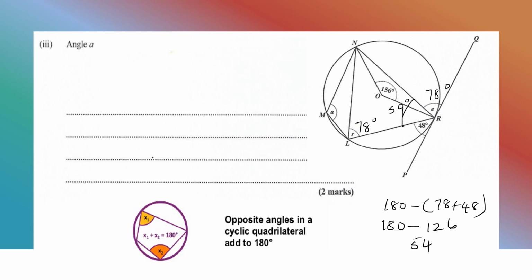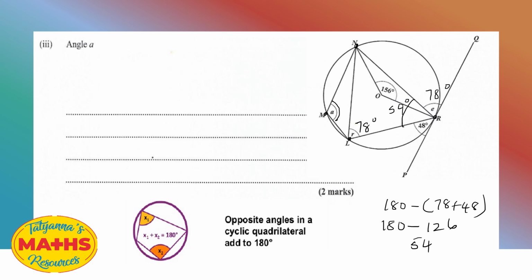So the rule that's associated with A is that it is opposite the angle, and it is a cyclic quadrilateral. 1, 2, 3, 4. A quadrilateral in a circle, and the opposite angles in a cyclic quadrilateral add up to 180.